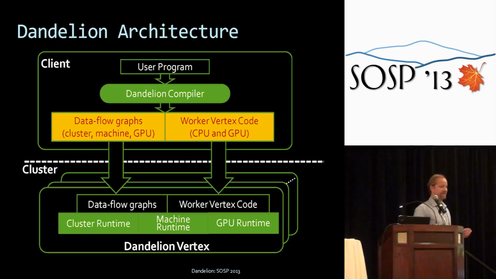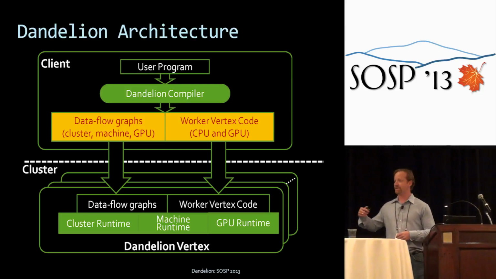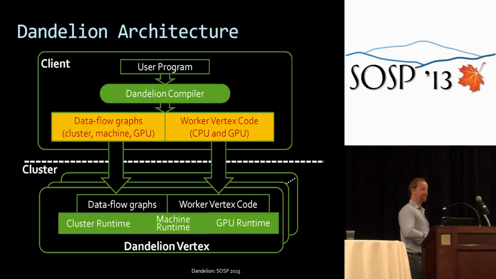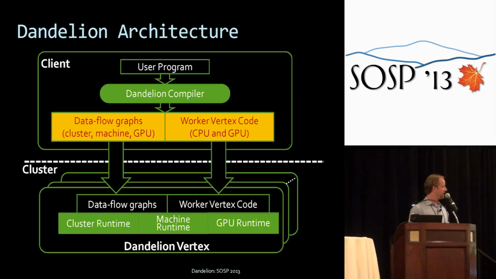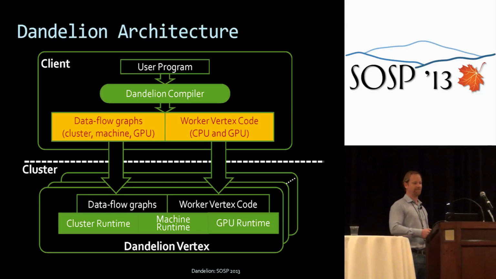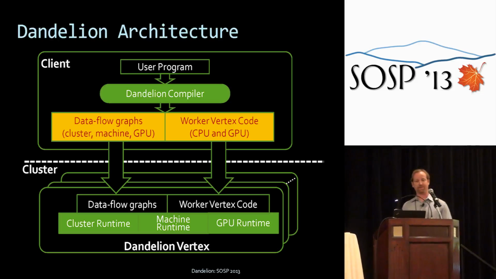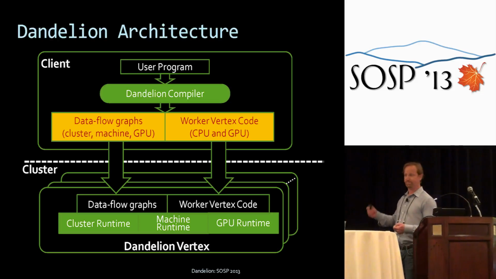So there's a cluster scale Dataflow graph, which represents the entire computation, and each vertex in that graph will have a machine Dataflow graph and a GPU Dataflow graph. Now in these graphs, vertices represent computation, edges represent communication, so the compiler must also produce the code at each of these vertices. And this can be code that runs on a CPU and/or a GPU.